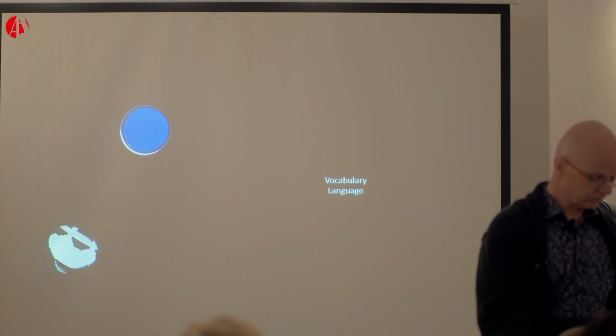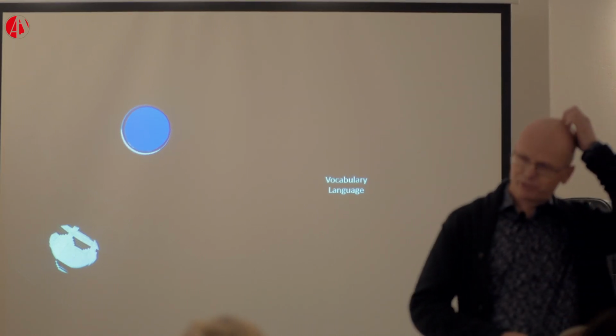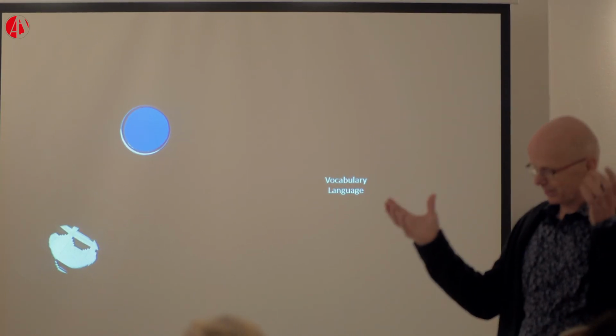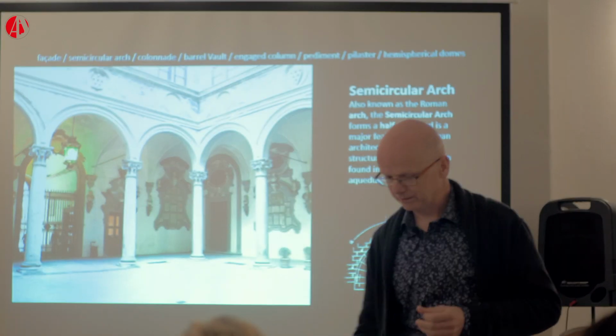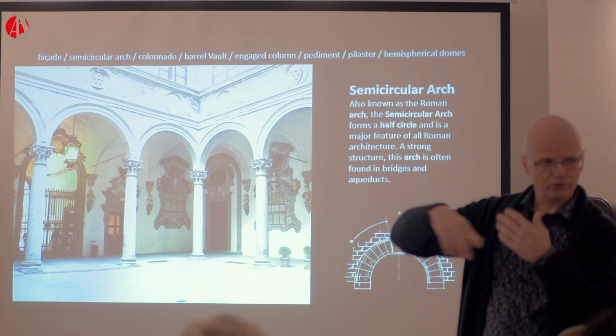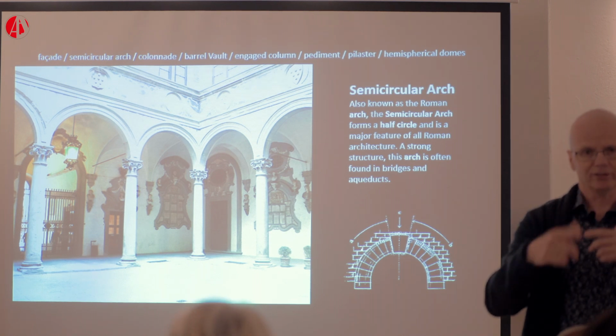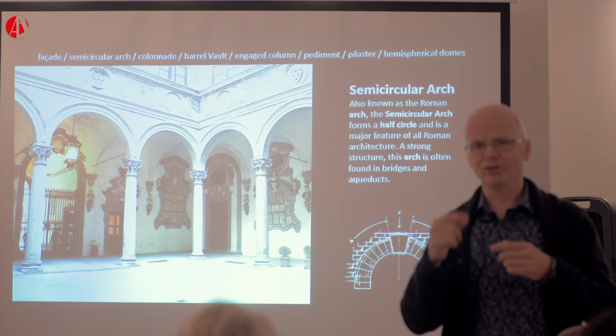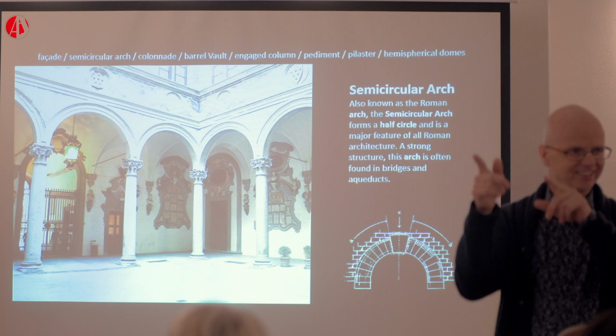In architecture, it's always a vocabulary. You have your glossary. This is the language that we use. In the Renaissance, I've tried to put it all on a line up there, so you can follow. From now on it goes on all the slides, so you can say, yeah, okay, that's that.